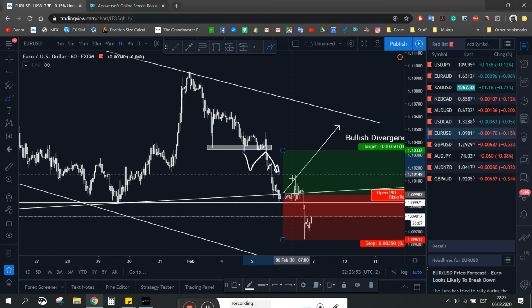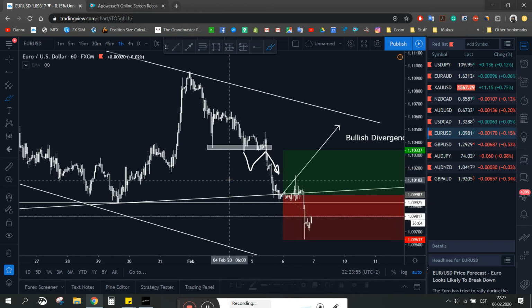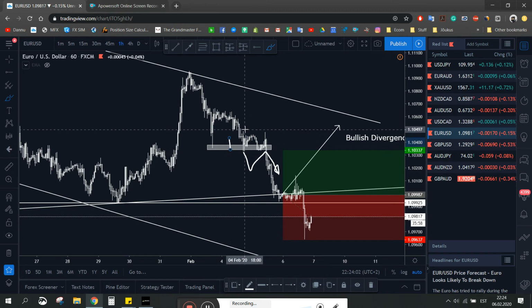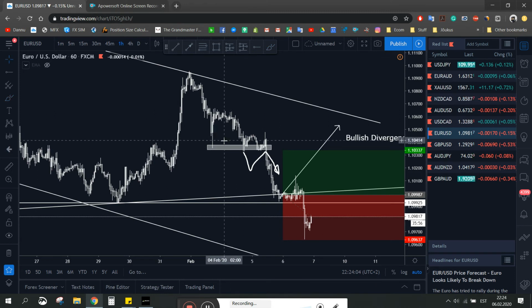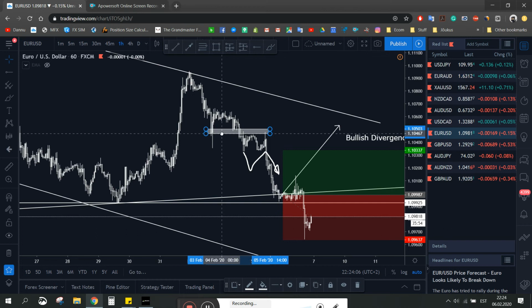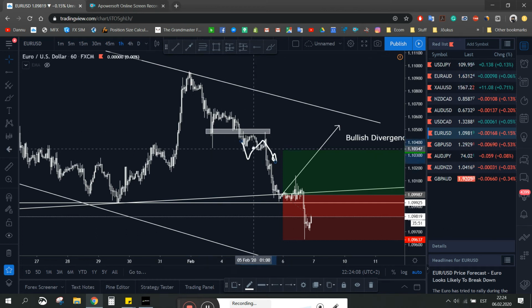And it ended up going down, but I think I drew my levels wrong because if you put this level here and put this over here, it's exactly what price was doing. Broke and retest the level.